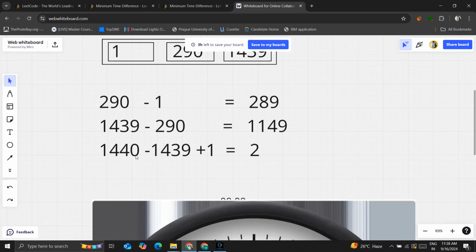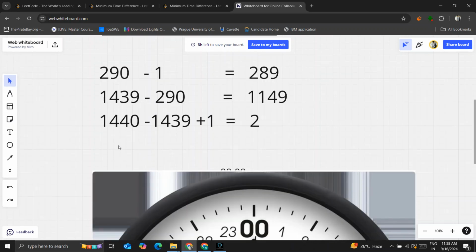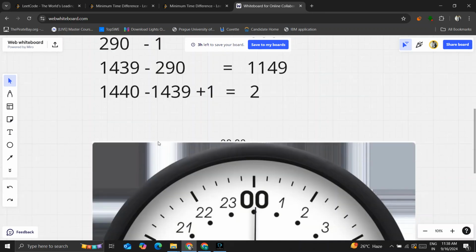So what is 1440? That means 24 into 60, 24 hours into 60 minutes, as each hour has 60 minutes. So if I take a complete loop, the total minutes I get is 1440. If I subtract 1439, that is this particular loop from here till here, I get 1.